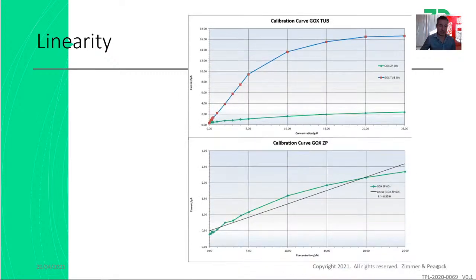But now let's look at the linearity on this. This is the home brew formulation, this is the ZP formulation. They only have one data set, and that's no criticism, but on their formulation they have good linearity from 0 to 5 millimolar.